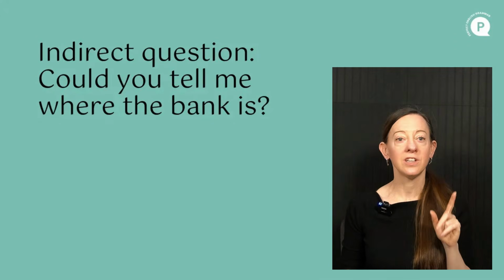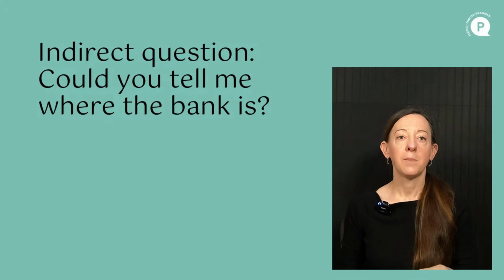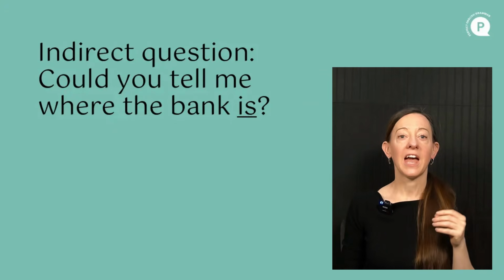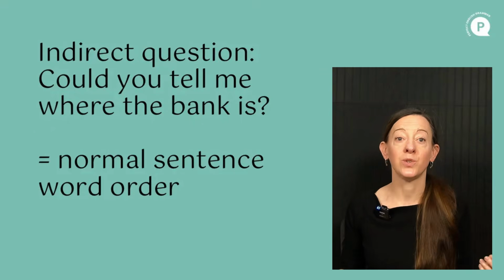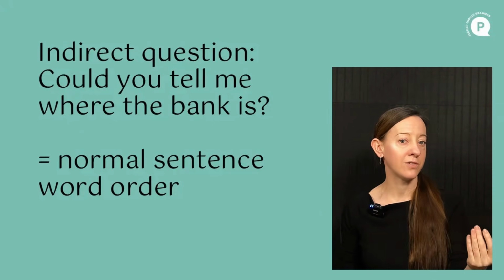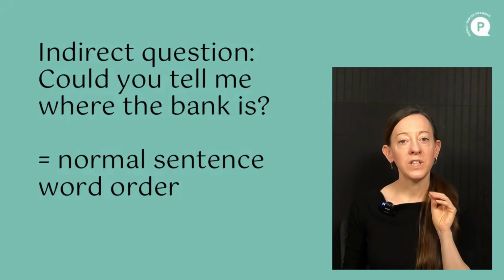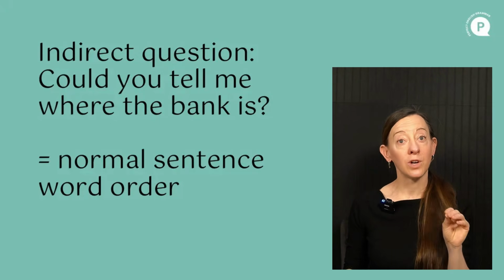On the other hand, the indirect question, could you tell me where the bank is? I put the verb is after the subject, the bank, in the same way that I do with a normal positive sentence, like the bank is over there. We don't use inversion in indirect questions. They have normal sentence word order.